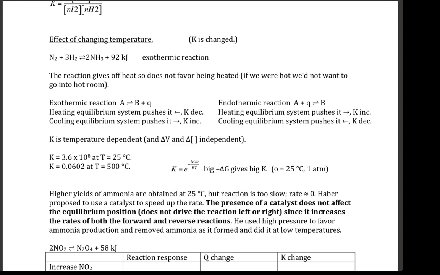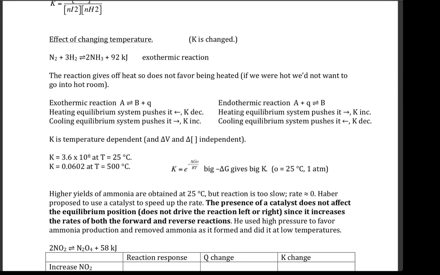In an endothermic reaction, so we can represent that as A plus Q in equilibrium with B, heating it is going to push it toward the product side. The numerical value of K is going to increase. Cooling it is going to push it toward the reactant side. The numerical value of K is going to decrease.